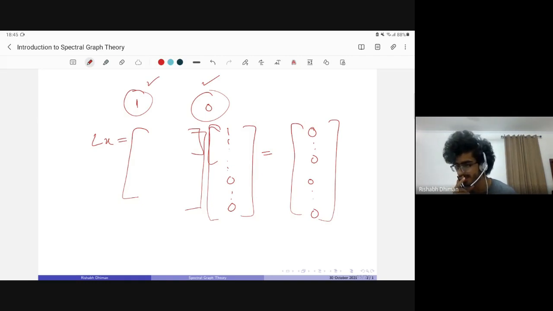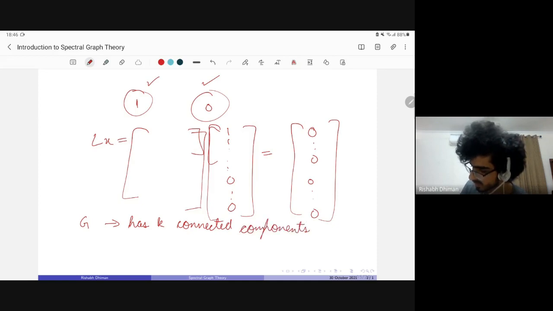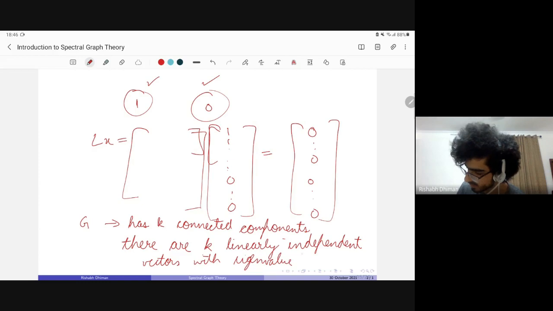You can actually try to prove this: if the graph G has k connected components, there are k linearly independent vectors with eigenvalue 0.